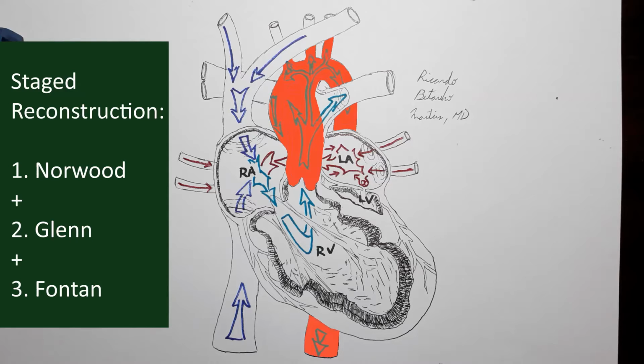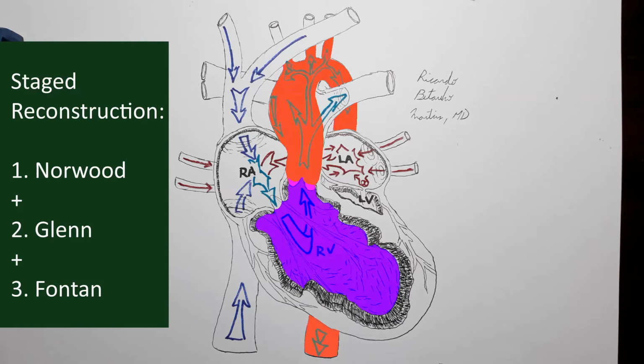By sewing them together with a patch, we now get a neo-vessel, a neo-aorta that's draining the right ventricle into the arch of the aorta. Therefore, now the only ventricle we have, the right ventricle, is pumping into the aorta and the systemic circulation.